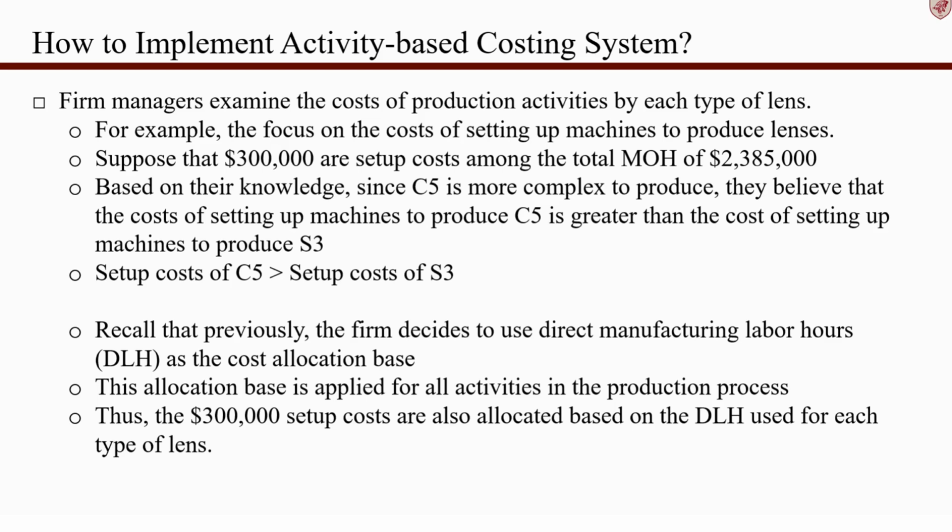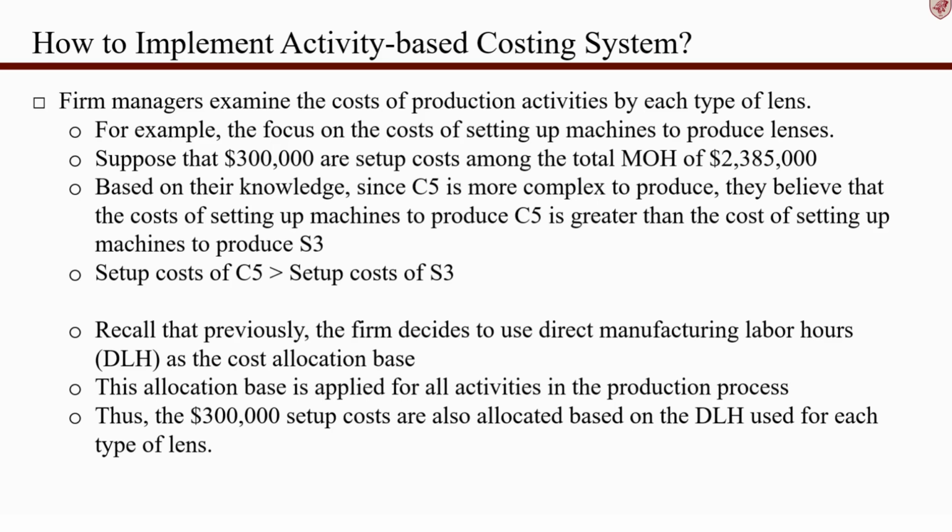Based on our prior knowledge and managers' intuition, the complex lens C5 is much more complex to produce, and they also believe that the cost of setting up machines for this complex lens is greater than the cost of setting up machines to produce the much simpler lens that requires less sophistication and fewer components, right?